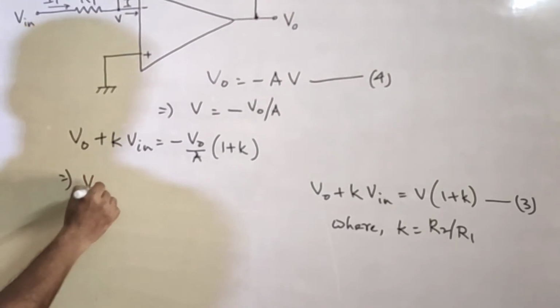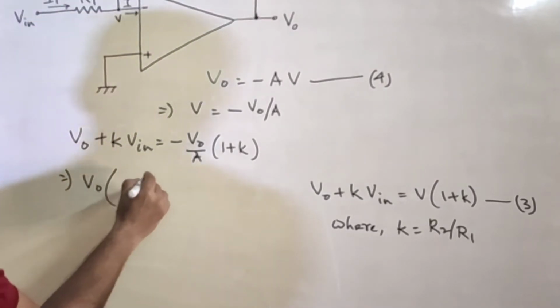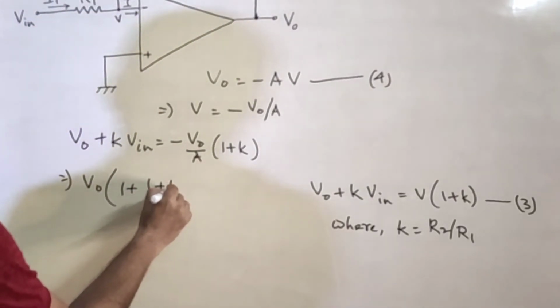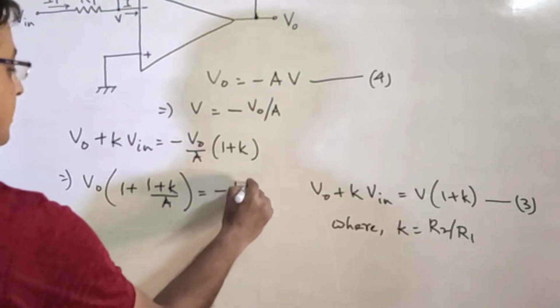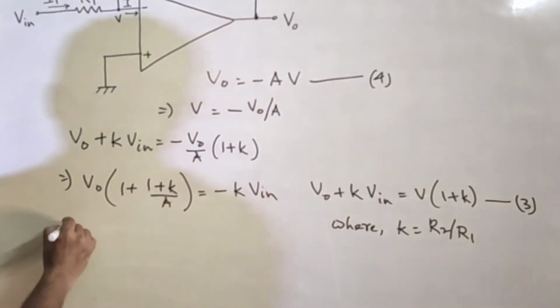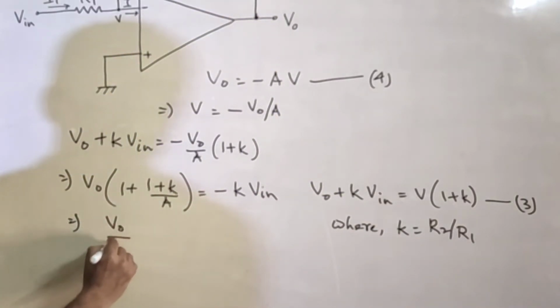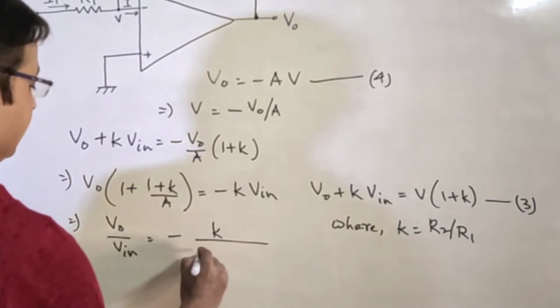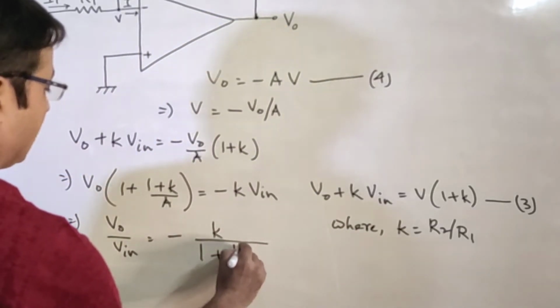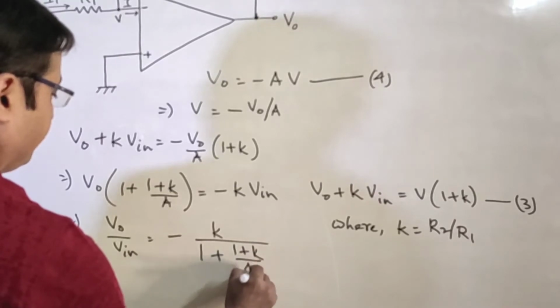So V0 times (1 plus K by A) equals minus K into Vin, and then the transfer function, that is V0 by Vin, will be minus K divided by (1 plus K by A).